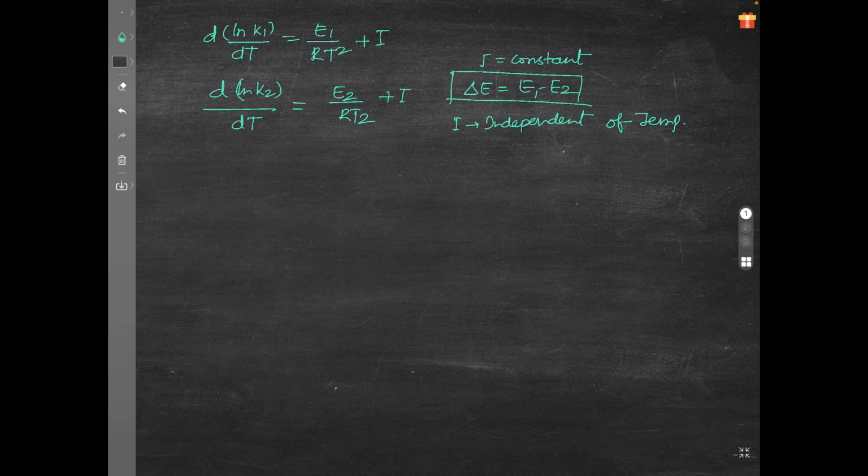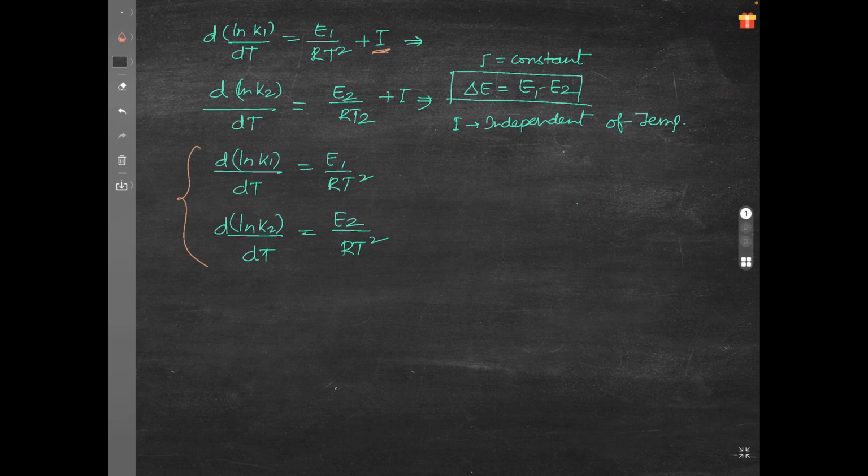So when I is independent of temperature, you can say d ln k1 by dT is equal to E1 by RT square, and d ln k2 by dT is equal to E2 by RT square. Clear? Because this term we have removed, since I is independent of temperature.